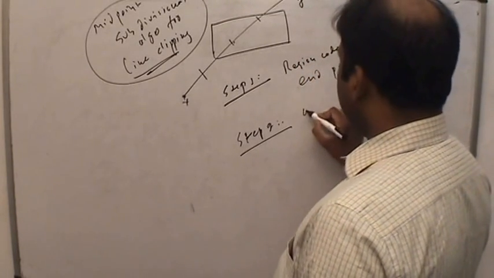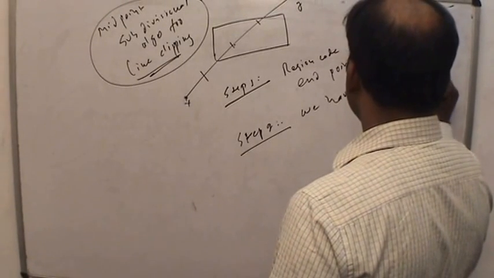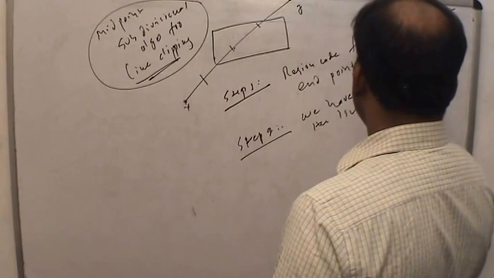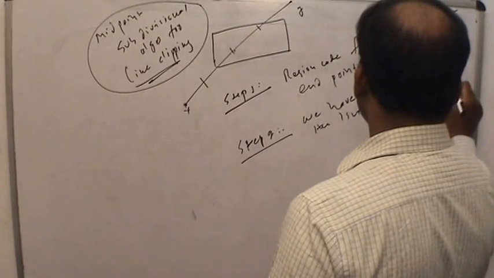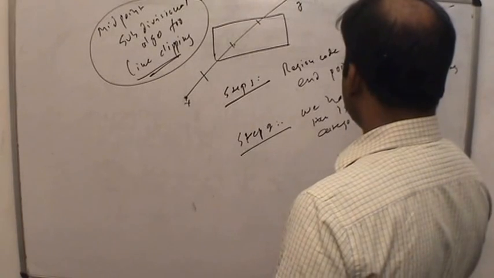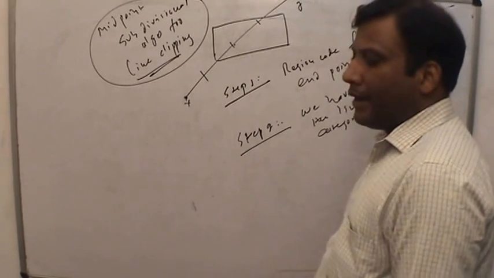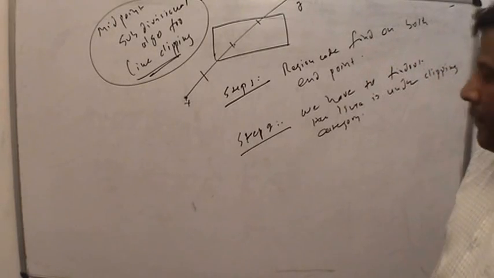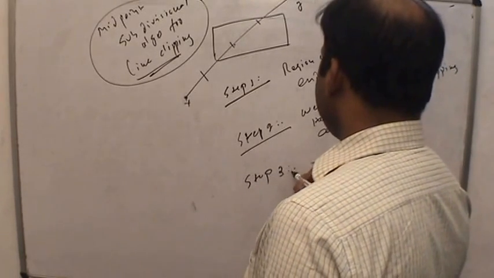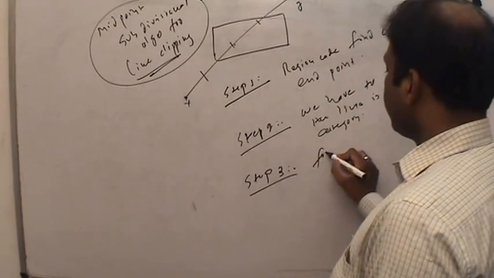Then we have to find whether the line is under the clipping category. If we find the line is under the clipping category, then we have to apply step 3 of the midpoint subdivision algorithm. Step 3 is for category 3.